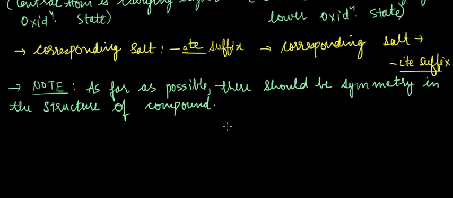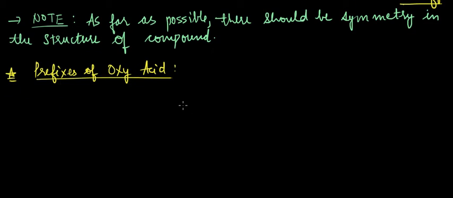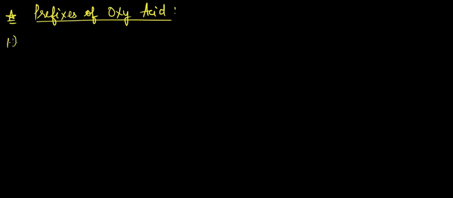Okay. Next, let us see the prefixes of oxy acid. First we have the meta prefix. The meta prefix is provided to that oxy acid which is obtained by removal of one water molecule from one parent oxy acid.